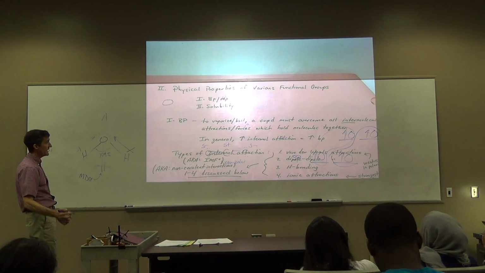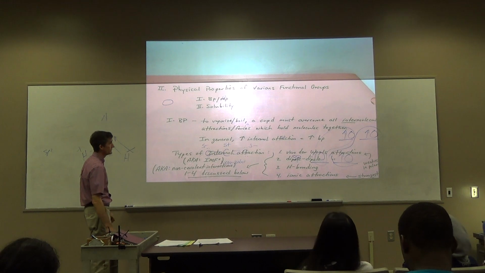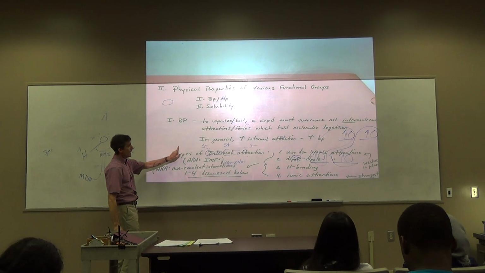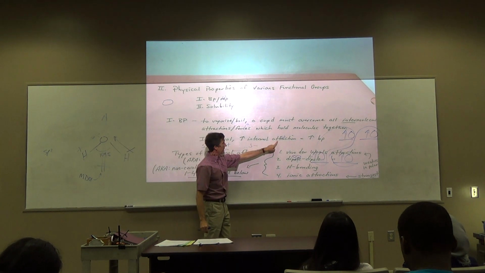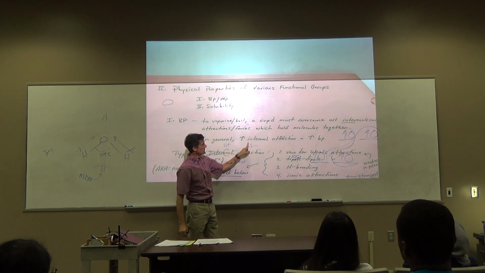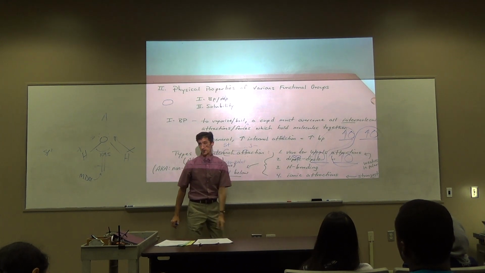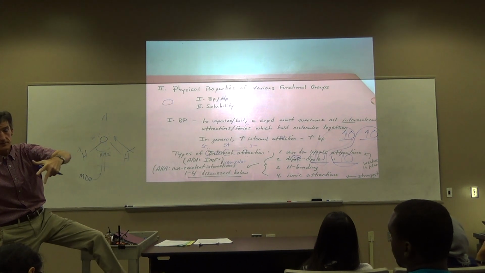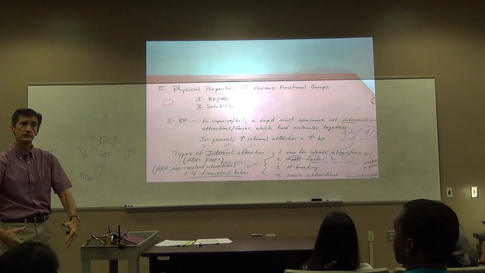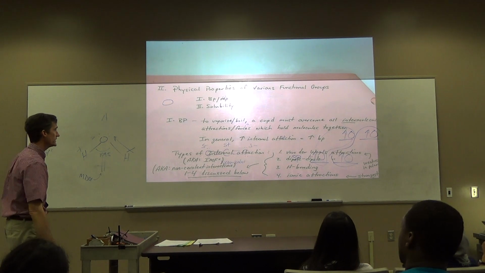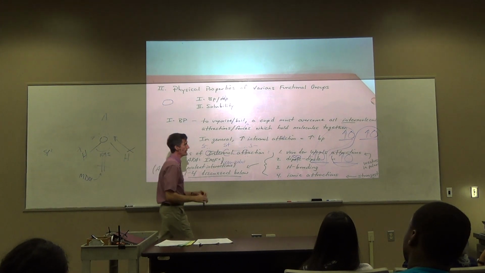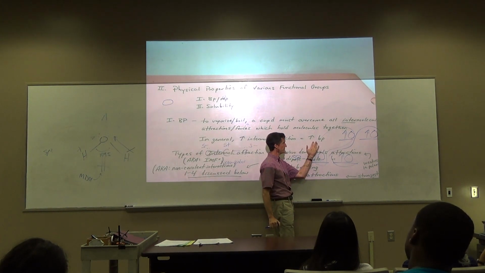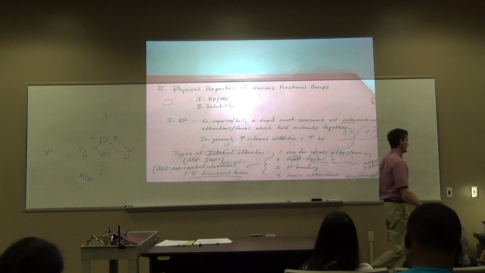So in both cases, we have to look at IMFs. In general, the more intermolecular attraction, the higher the boiling point. The more you guys are hugging on each other, the harder it is for me to get you to boil. The more energy I'm going to have to put in. More energy means higher temperature to get you to boil, higher boiling point.